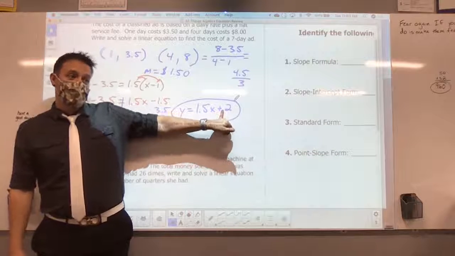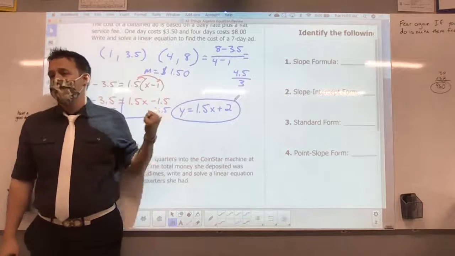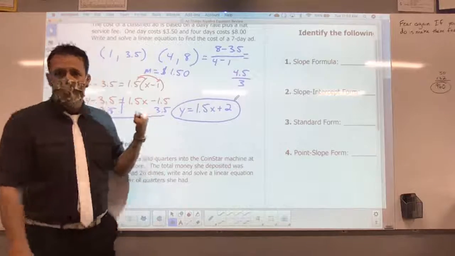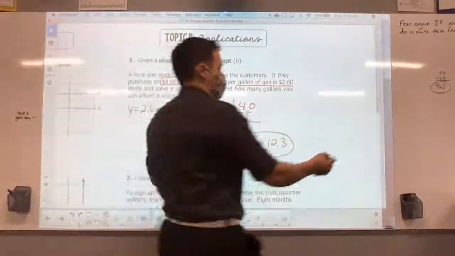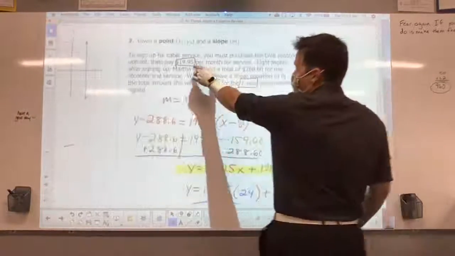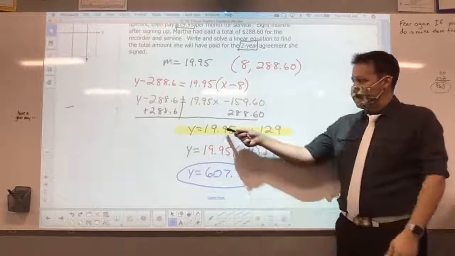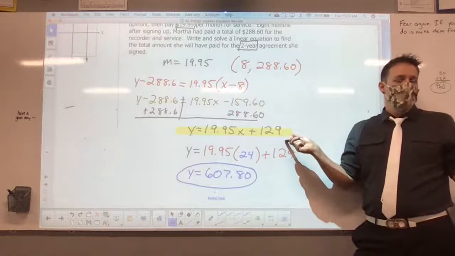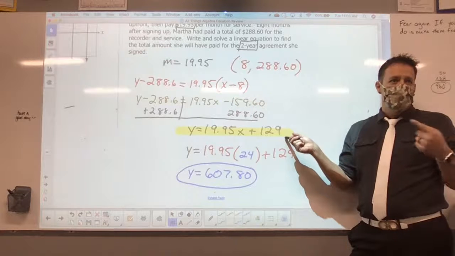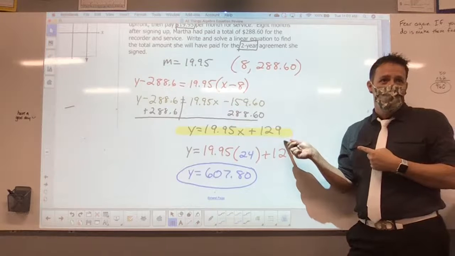The newspaper is paying you to put an ad in the paper. If you did the work on this one on the bottom here, and it said you had to purchase a DVR up front, yet you come up with an equation of 19.95x minus 60, you're telling me that the cable service is paying you $60 to take their stuff.